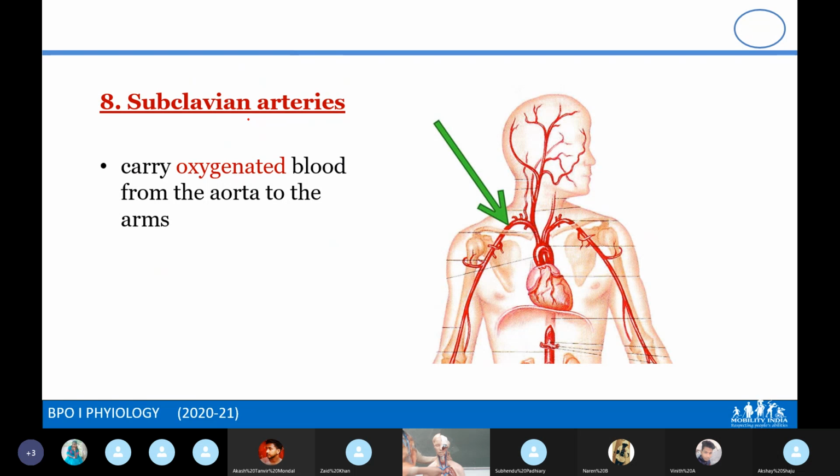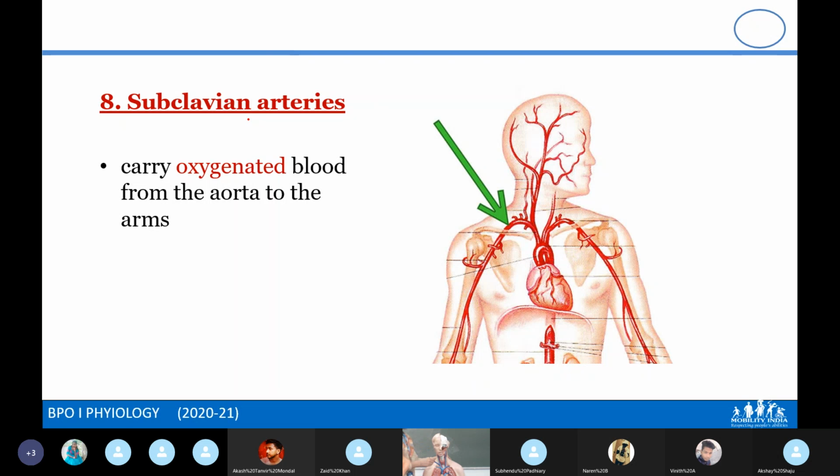So from the arch of aorta to the brain, how will blood go? With the help of carotid arteries. On both sides there are carotid arteries which supply the brain. One is internal and one is external.